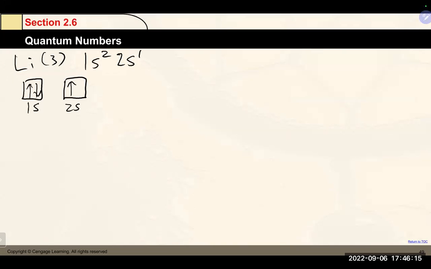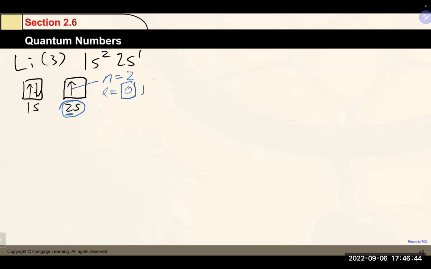And if we do our 4 quantum numbers for this guy, what would n equal in this case? N would equal 2 in this case, since it's on the second energy level. L would equal, well, you have 2 options here. L could equal 0 or 1 in this case. And in this case, L would actually equal 0 because this is in an s orbital.